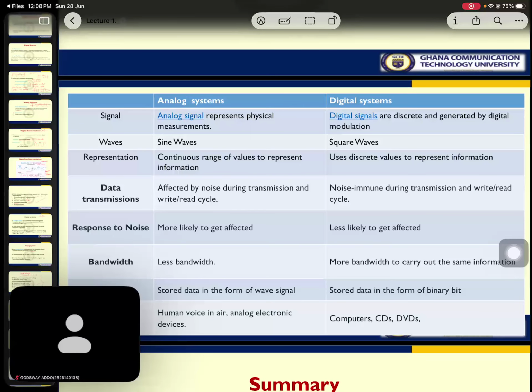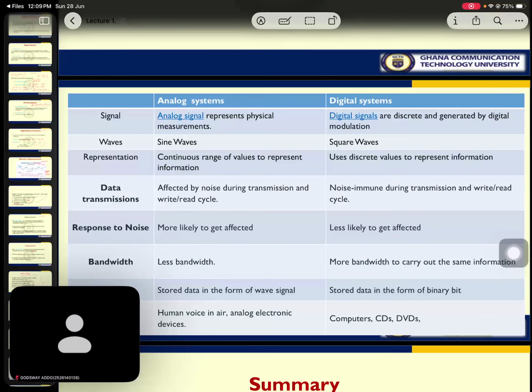What I need you to understand is the major difference between analog and digital systems. If I ask you, give me one example of an analog quantity, give me one example of a digital system, why is it that digital systems are less affected by noise? All these things, you should be able to say.